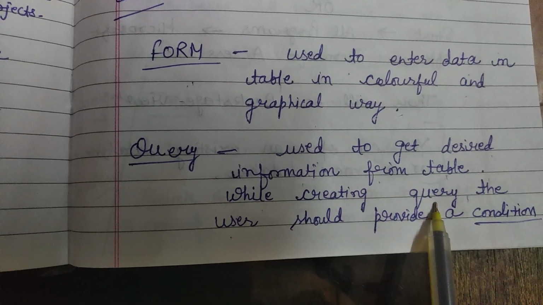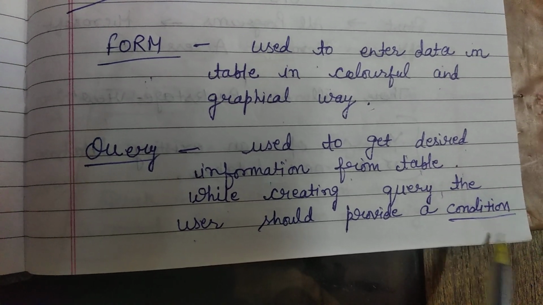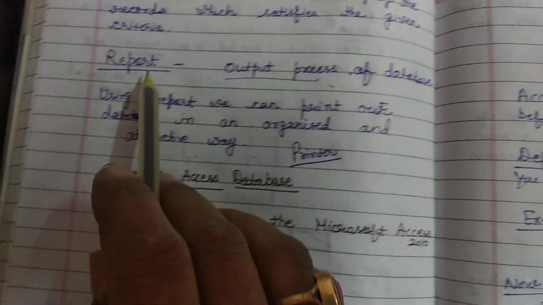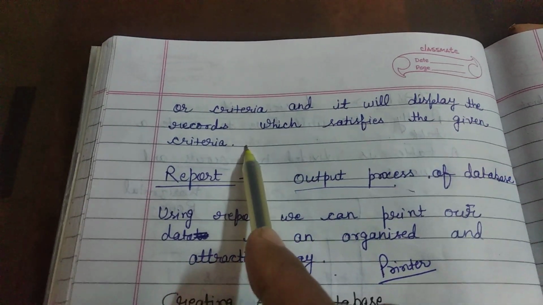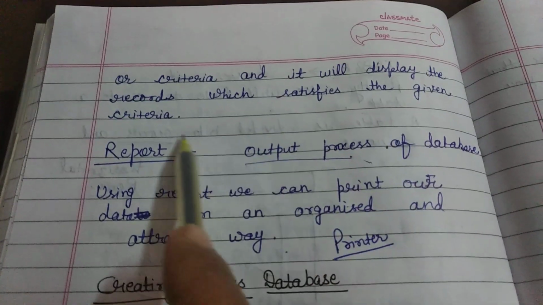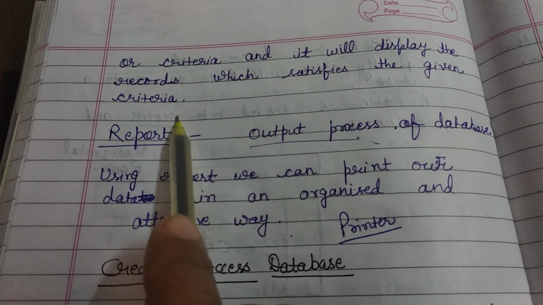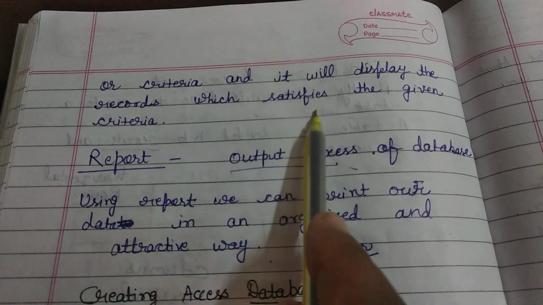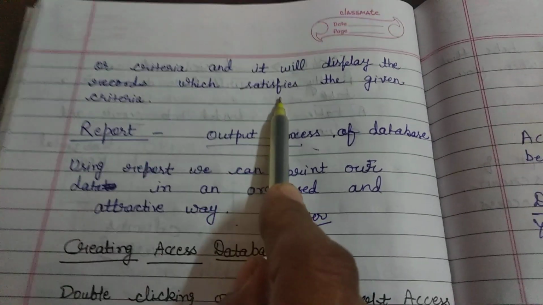While creating a query, the user should provide a condition, or you can say a criteria, and it will display the records which satisfy the given criteria. The record that you want to know, accordingly you will give the condition, and Access will provide you that record which you need.